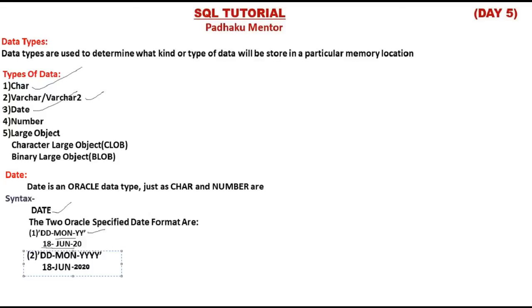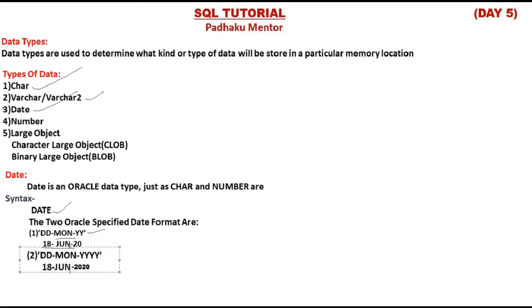The second format takes DD MON YYYY. Why are there two different formats to store the date? We could store the date with only one syntax, so what is the need for the second? Suppose you want to store a fixed date like 15 August 1947, the Independence Day of India.